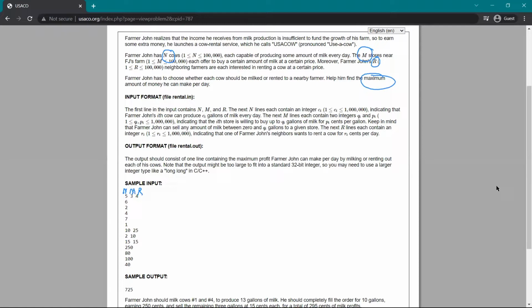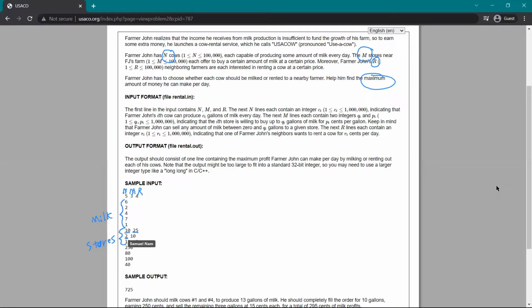So if you go further on the sample input, we can see that the next 5 lines are the amount of milk each cow produces. So I'll write this as milk. And next we see the next 3 lines are the stores, so we'll label them as stores. Here you can see that they need 10 gallons and they're willing to pay a price of 25 cents.